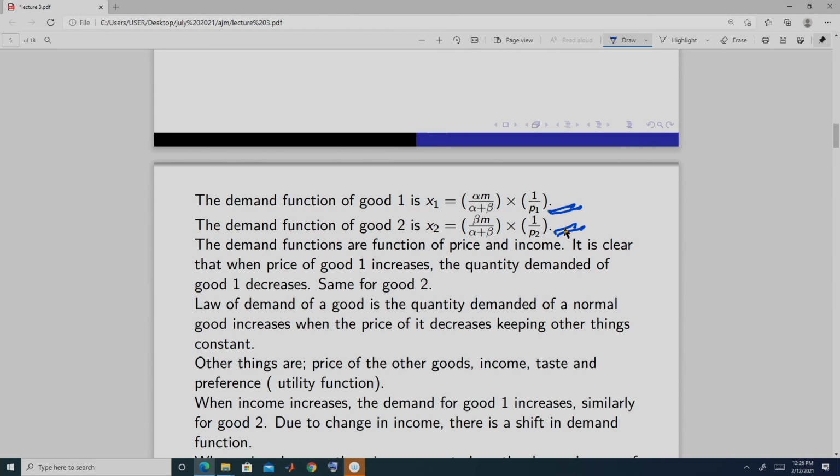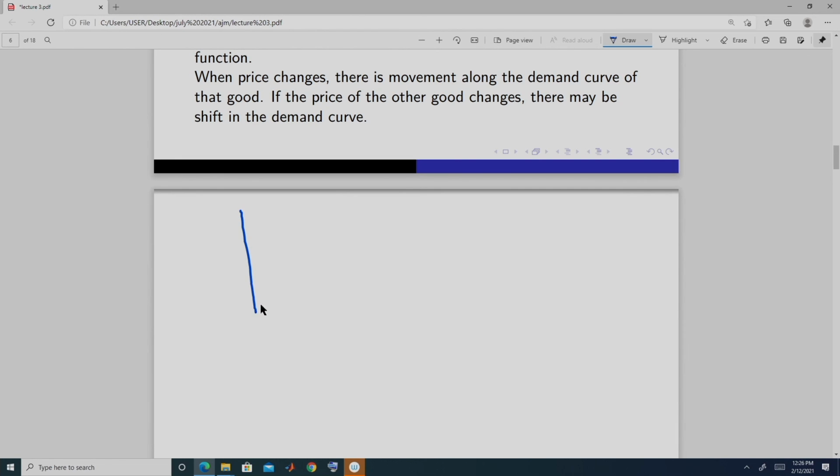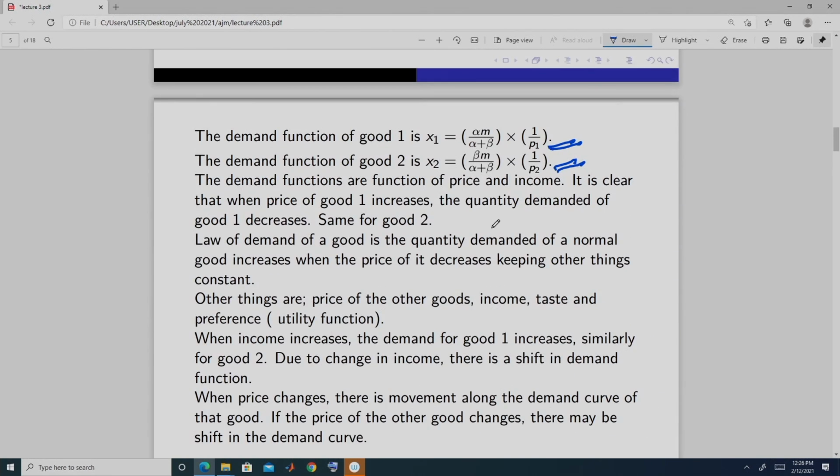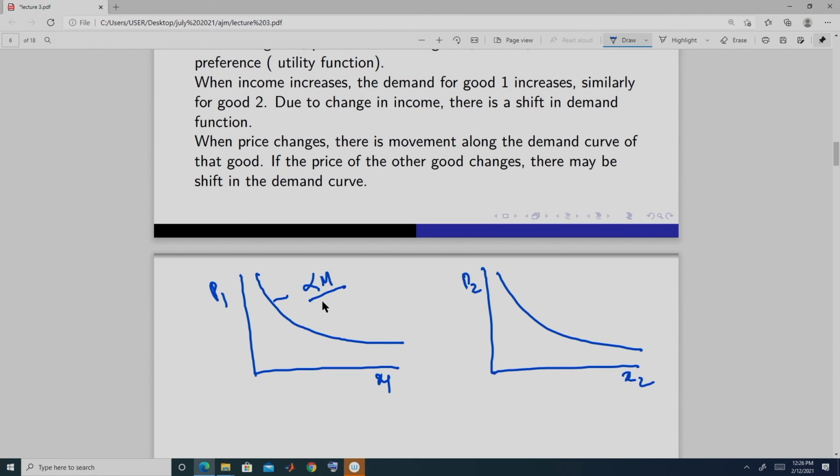And if you look at them carefully, you will see that if we plot x1 here and p1 here, it is curved like this, and this curve is like this and this curve, beta m, is like this. So they are downward sloping.